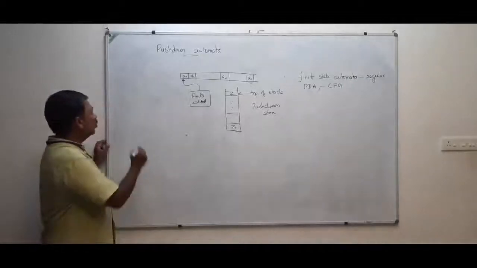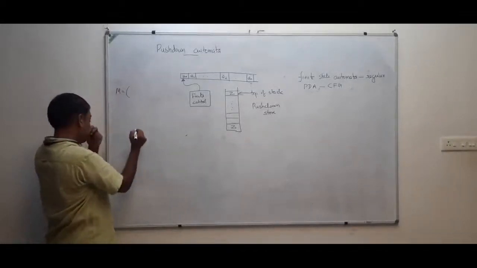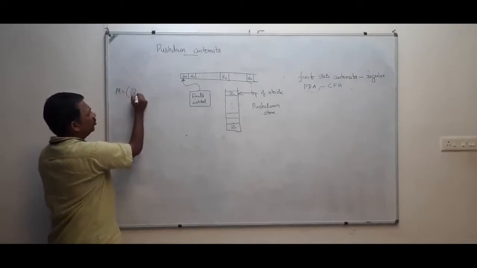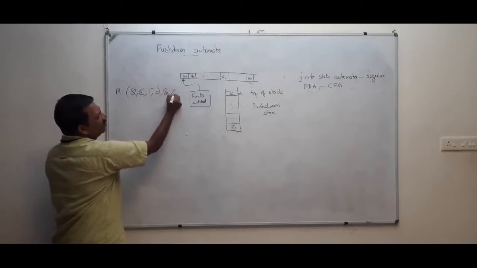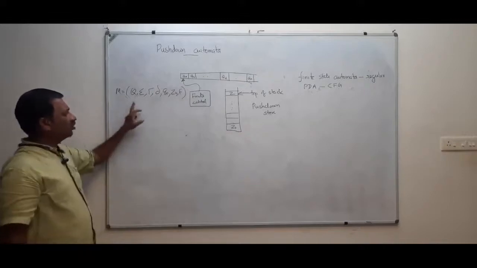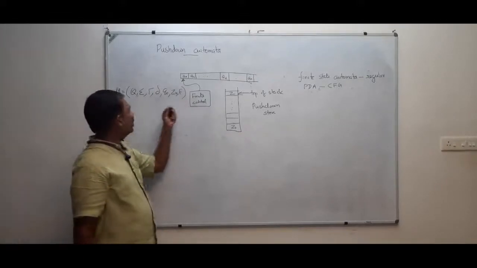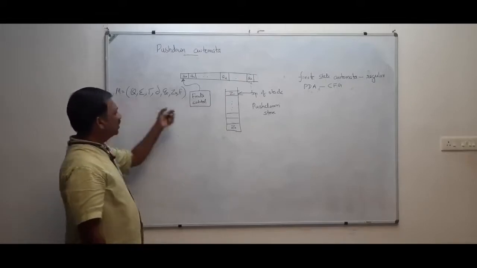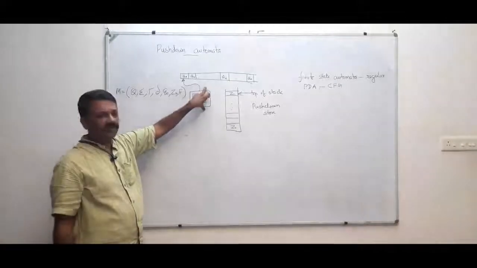A pushdown automaton M can be a 7-tuple: Q, sigma, gamma, delta, Q0, Z0, F. Here Q is a set of states, just like our finite automaton; the finite control will be in any one of the states.